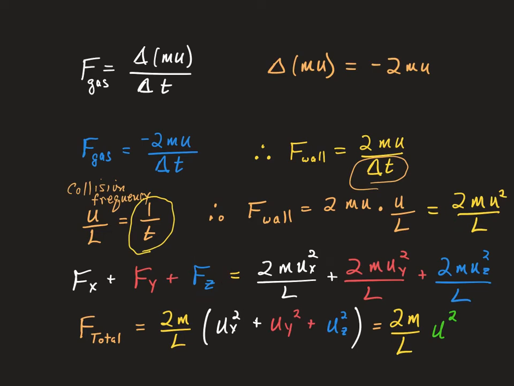So if we take this expression with the velocity vectors in the x direction, this same expression with the velocity vector in the y direction, and then this same equation with the velocity vector in the z direction, and pull out what's common, 2m over L, we get that the total force in all directions is 2 times the mass of the particle divided by the length of one side of our cube times the velocity squared in the x direction, the velocity squared in the y direction, the velocity squared in the z direction, which we earlier defined as the average velocity, or the velocity squared.